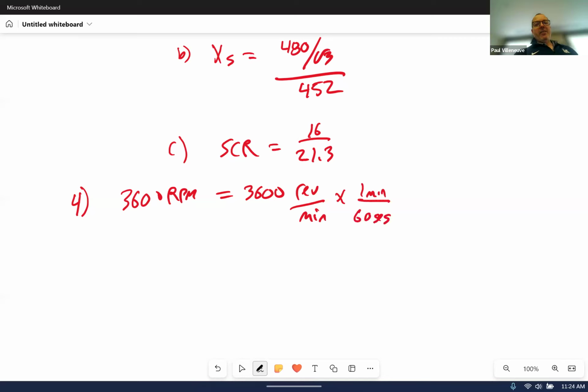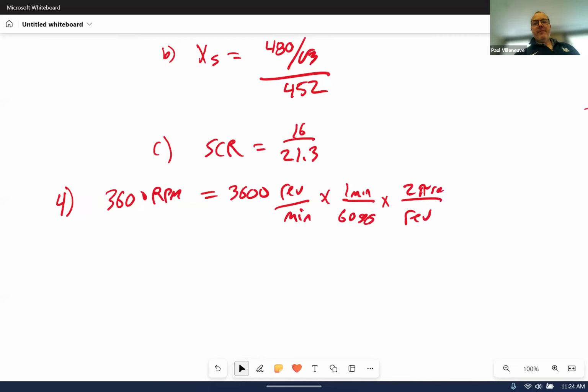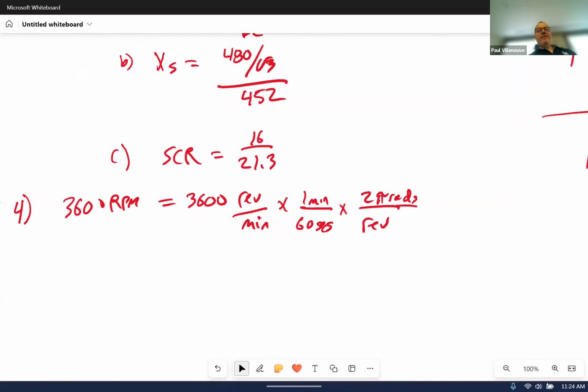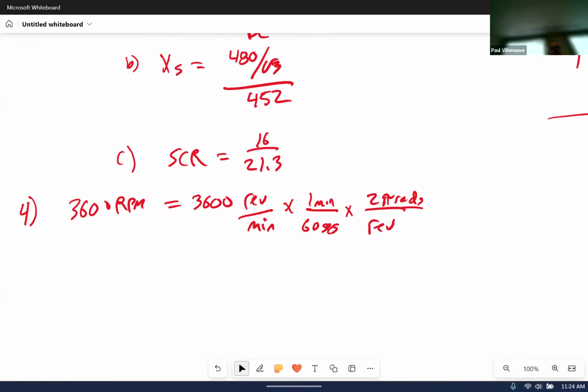How many radians in a revolution? What's that? 2 pi radians in a revolution. So you really only had to multiply by pi over 30 to do the conversion.